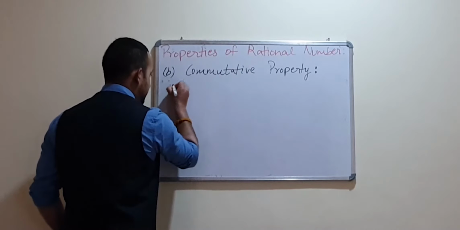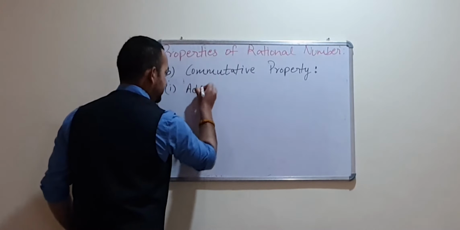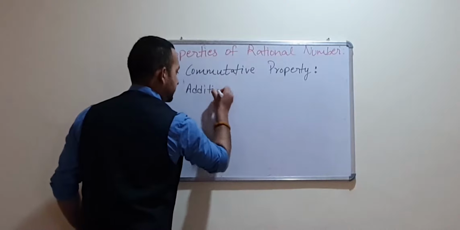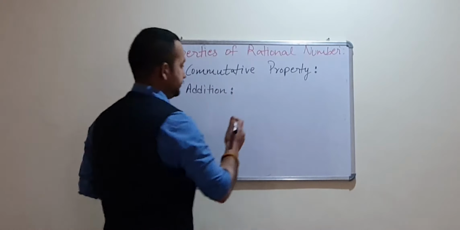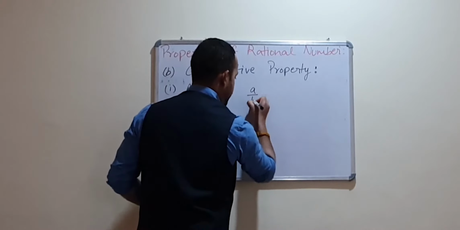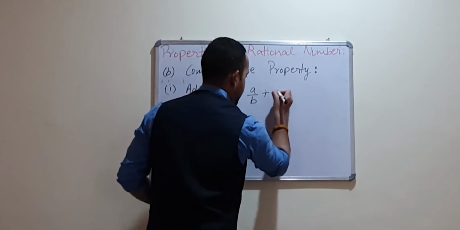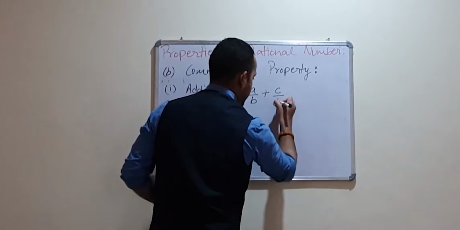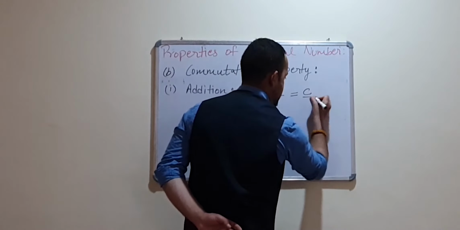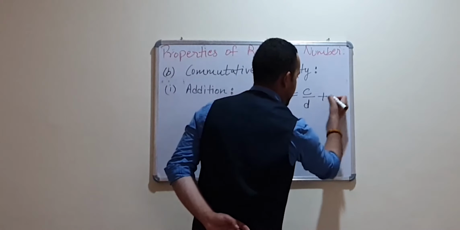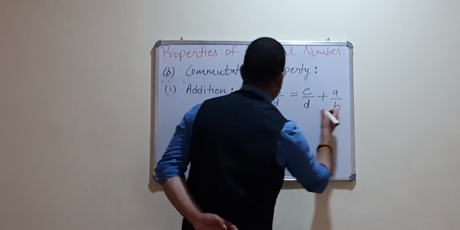Now on the basis of addition, our general formula is a upon b plus c upon d is equal to c upon d plus a upon b.